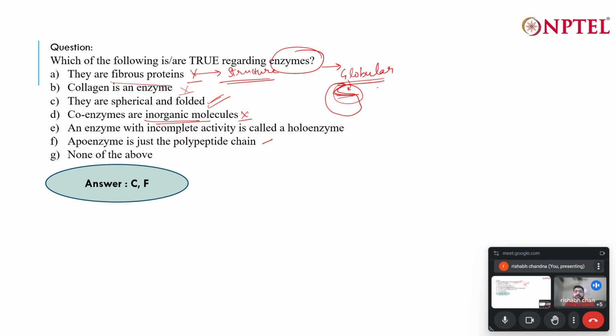An enzyme with incomplete activity is called a holoenzyme? No. The holoenzyme is the combination of the apoenzyme, that is the protein part, and the coenzyme, cofactor, or prosthetic group.